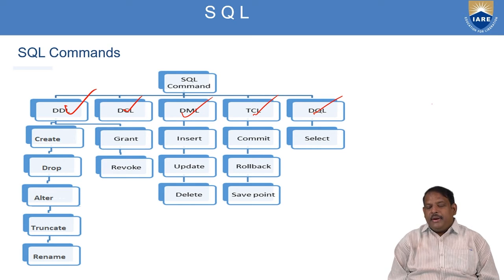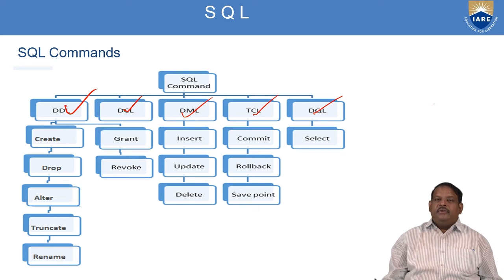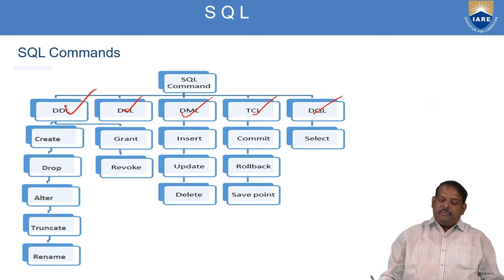The update command is used for updating the database values. Suppose initially I inserted the student mobile number as XYZ. Now later he has modified his mobile number. So I need to go to the student table and write a small statement to change the mobile number from A to B.